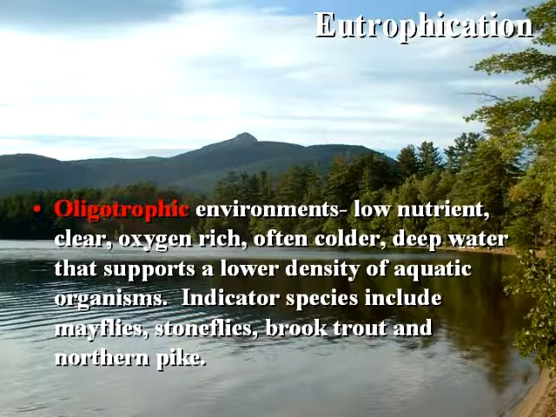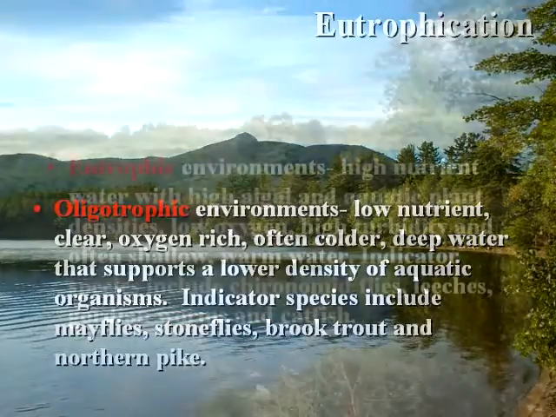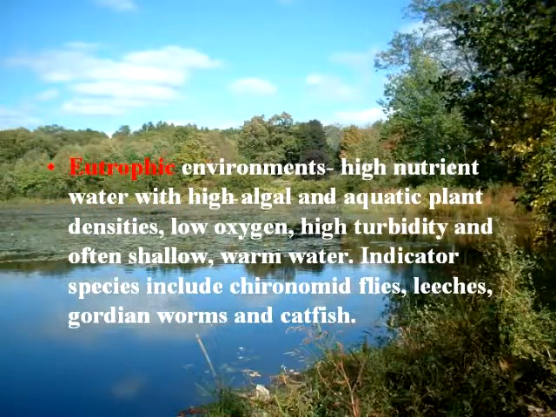So some of our most valuable fish species like trout and pike and so on, and an aquatic invertebrate community characterized by things like mayflies and stoneflies, kinds of organisms that also require high oxygen kinds of systems. Eutrophic systems, once again, are systems that are high in nutrients with high densities of aquatic photosynthetic organisms.